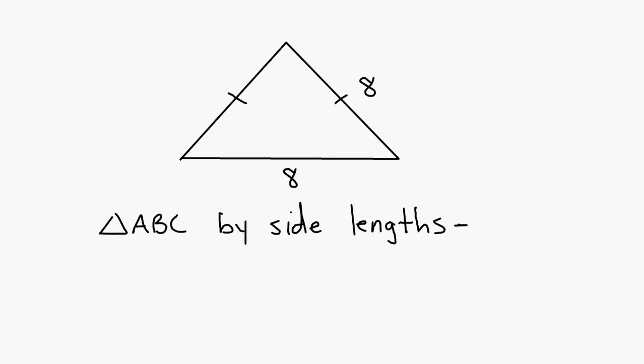Just glancing at it, somebody's going to look at it because it's got the 2 tick marks, and they're going to say it's an isosceles. 2 sides are the same. But in this case, this left side's 8, and the bottom is also 8, so it's got 3 congruent sides.